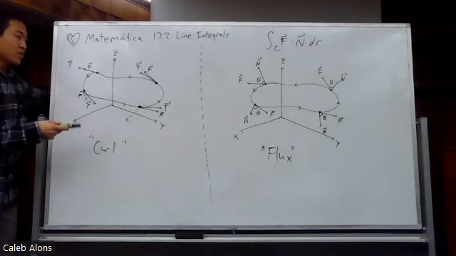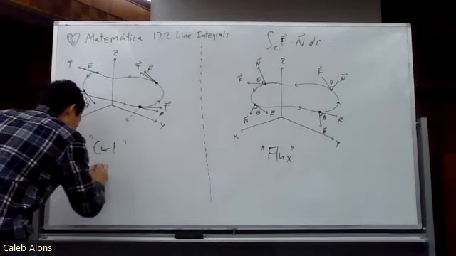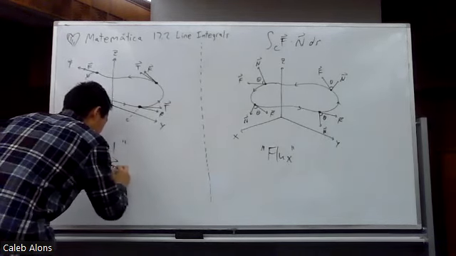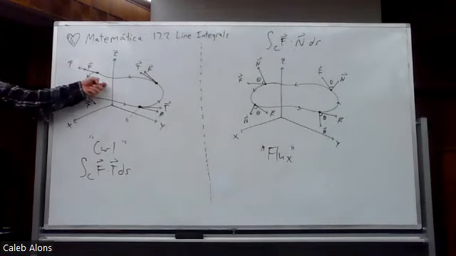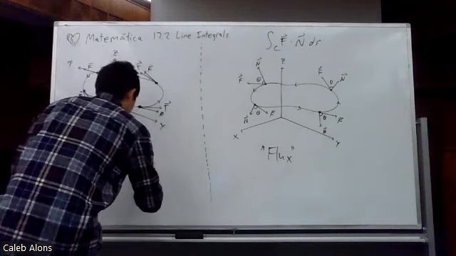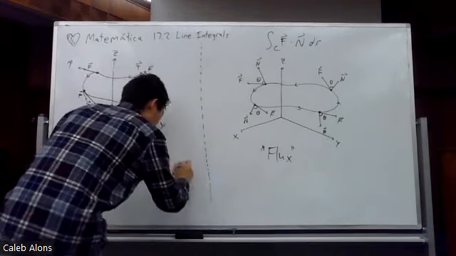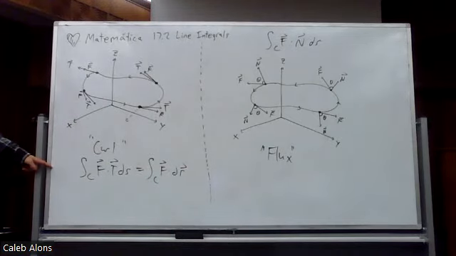So today got us from the F dot T. So here we were doing F dot T ds. This idea we were able to construct from what we were trying to do to the notation, which we were then able to show for practical sake is the F dot dr. Okay, that's what we got.